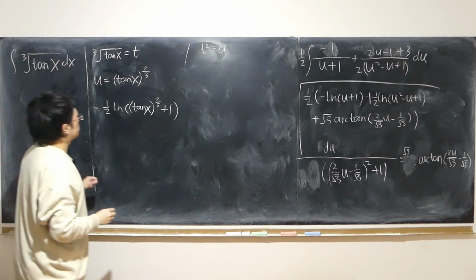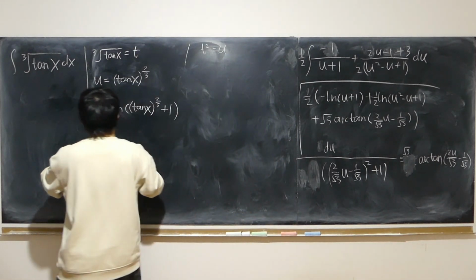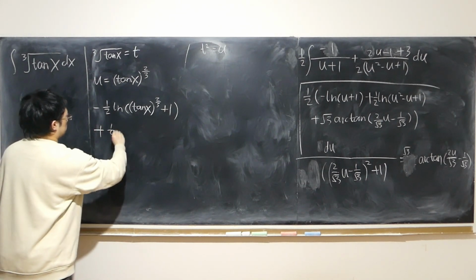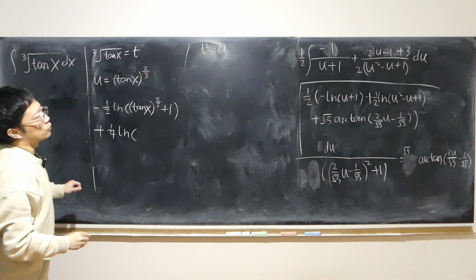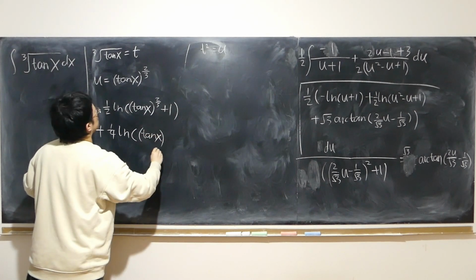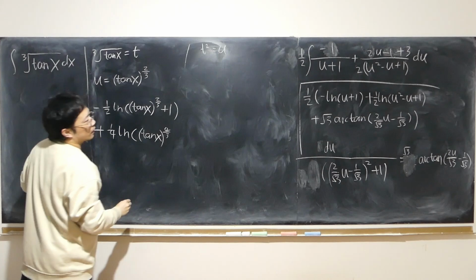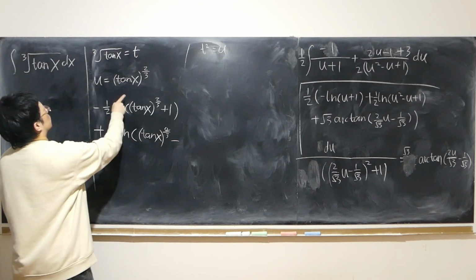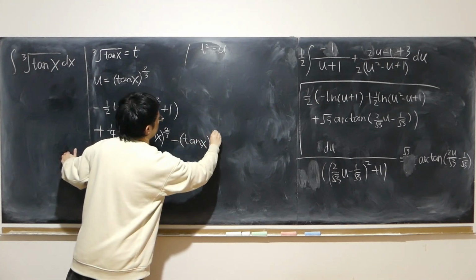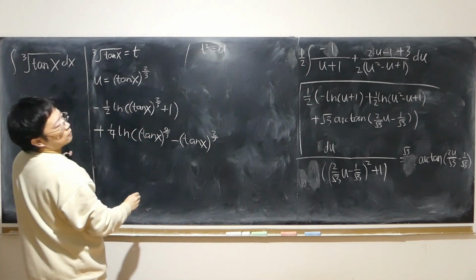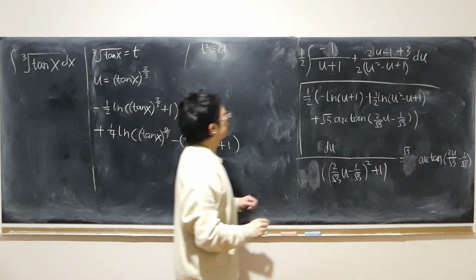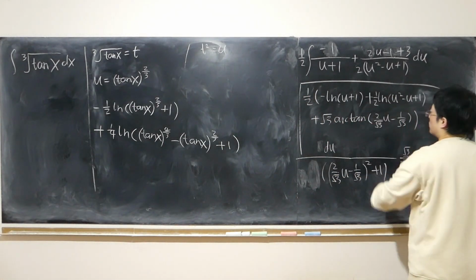Then plus 1 over 4 times log of u squared minus u plus 1, where u squared is tangent x to 4 over 3, minus tangent x to the power 2 over 3, plus 1. Okay, this is the log.